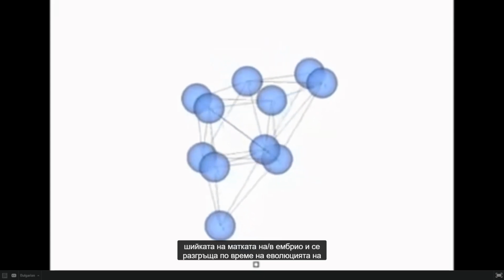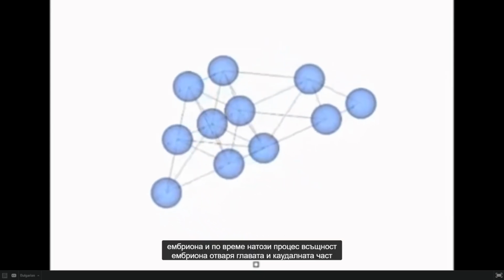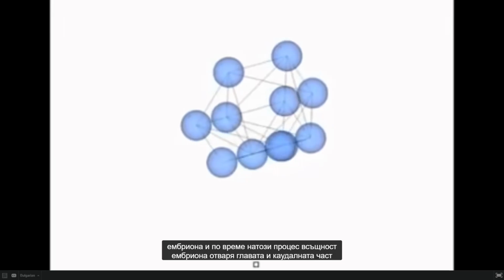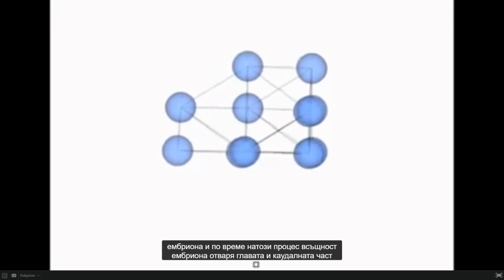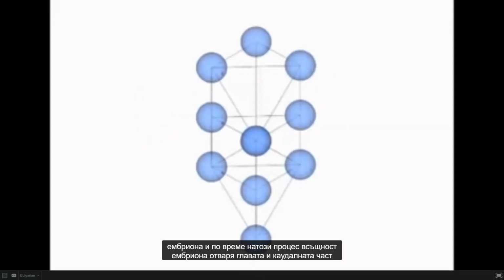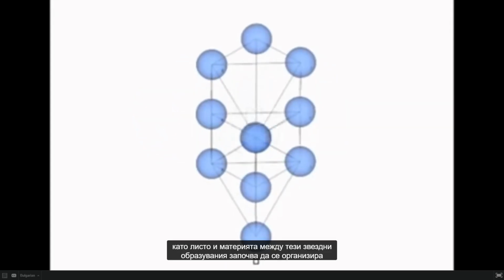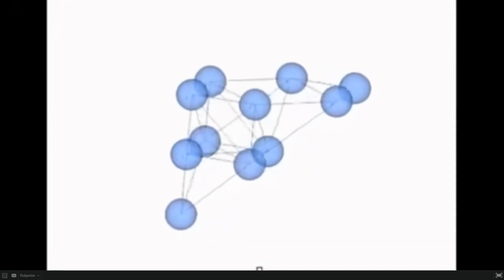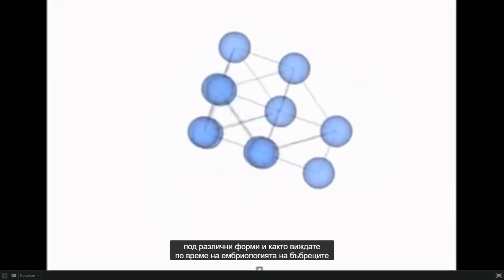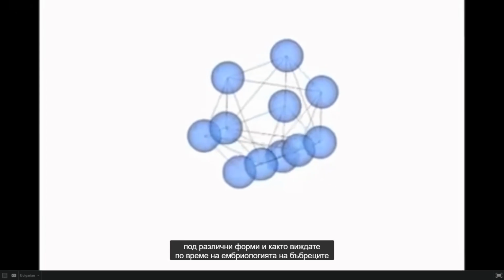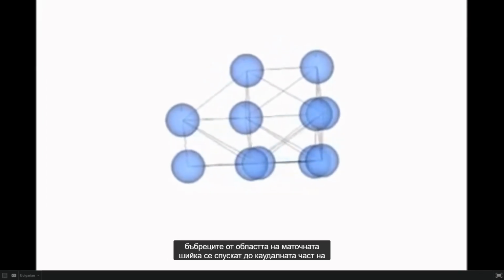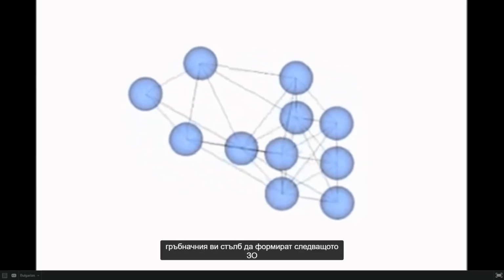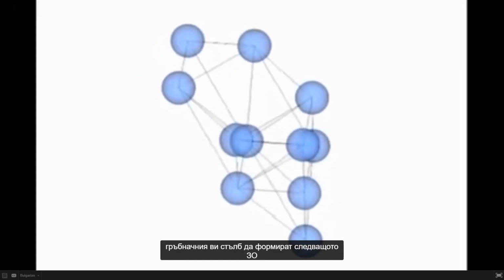During the evolving of the embryo, the embryo unfolds, open head and the cauda part, they unfold like a leaf, and matter between the star formations starts to organize itself in different shapes. And as you see, during the embryology of the kidney from the cervix area, they descend to the cauda part of our spine to form the next star formation.